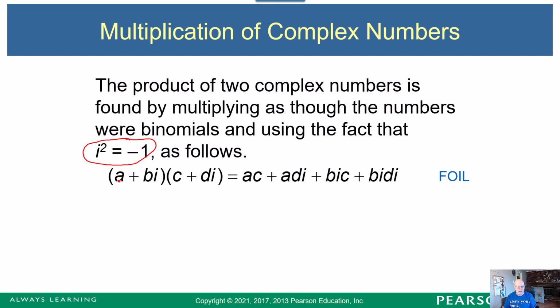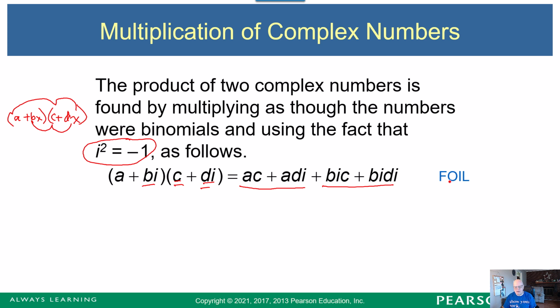So, remember, if you had a plus bx times c plus dx, you would multiply the a times both of those, and the bx times both of those. We do the same thing here. a times both of these, and bi times both of these. Here are the first results, multiplying by the a, multiplying by the bi. That's FOIL, just as you did before.